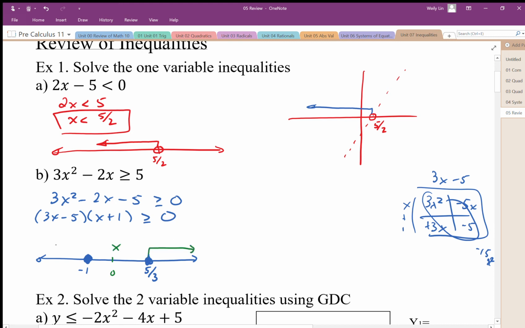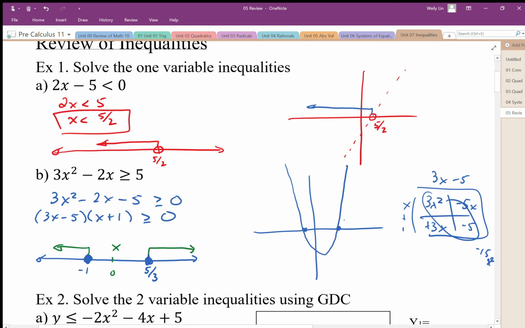So we know that we can have our solution going out in this direction. We could also analyze this problem in terms of the quadratic graph. So if I draw this graph, we have zeros at these 2 points, and I know this is a parabola opening up.